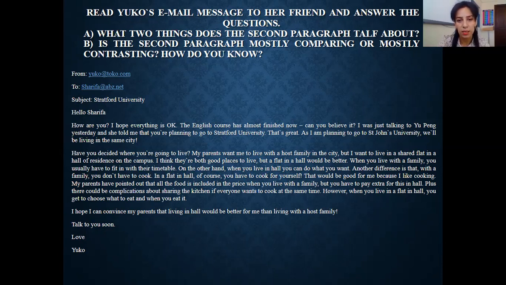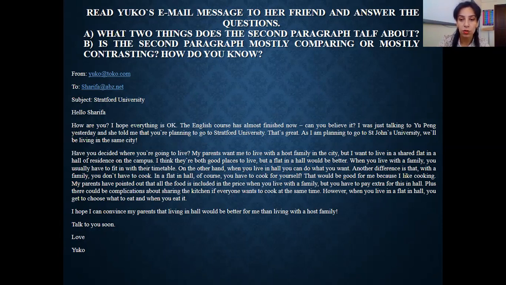So, dear students, how do you think? How do we guess? And what helped us to understand that this is a comparing and contrasting paragraph? Of course, transitions. Comparing and contrasting transitions helped us to analyze that this is a comparing and contrasting paragraph. They are, for example, but, on the other hand, however, while.